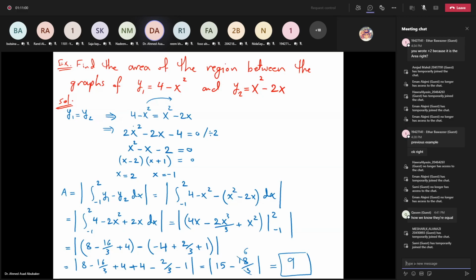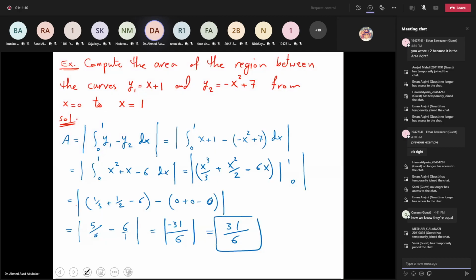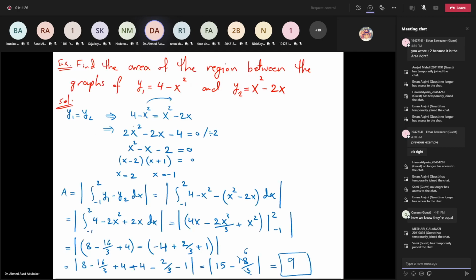Any question? How do we know the bounds? Look at the previous example. We were already bounded from x equals 0 to x equals 1. But in this example, we don't have from x equals a to x equals b.